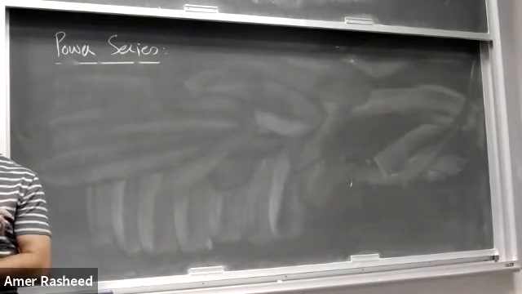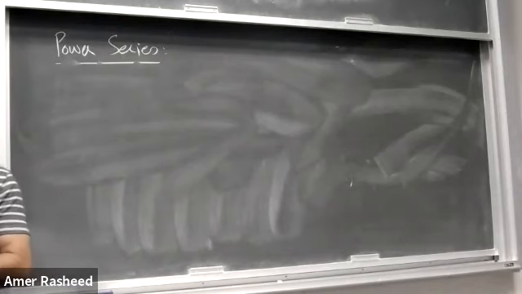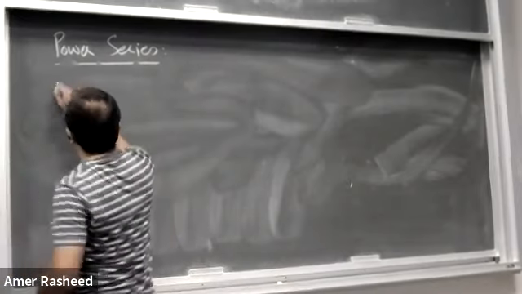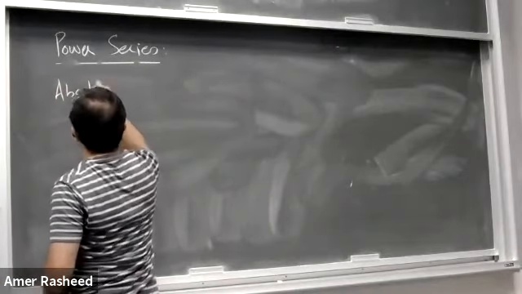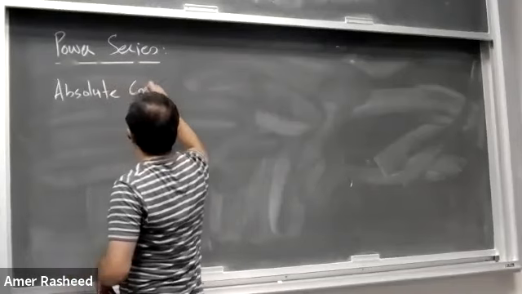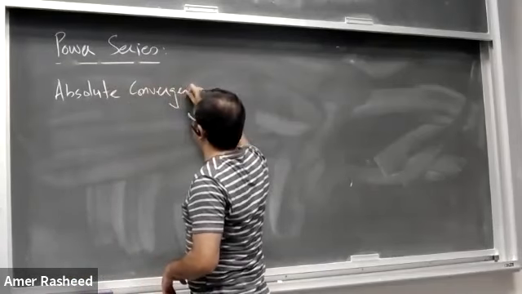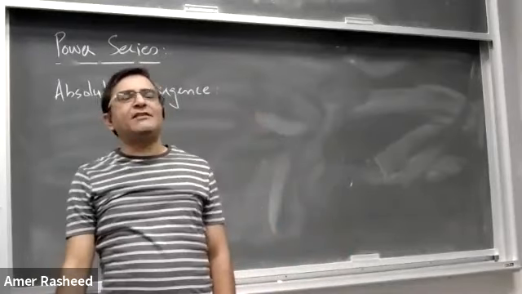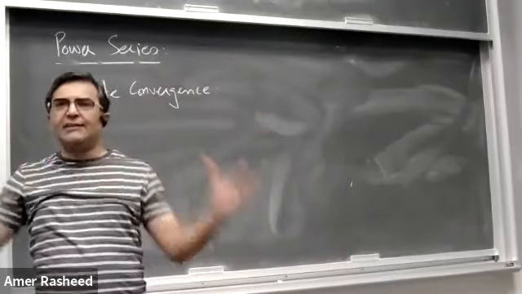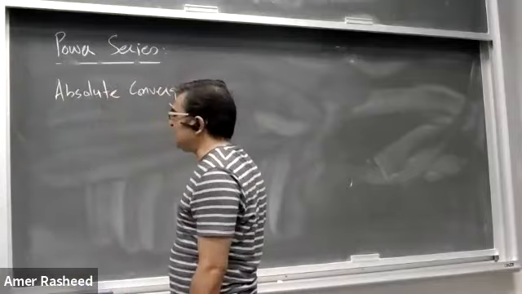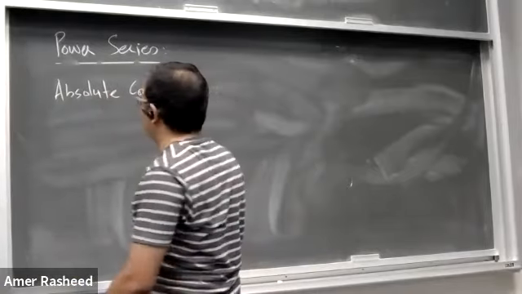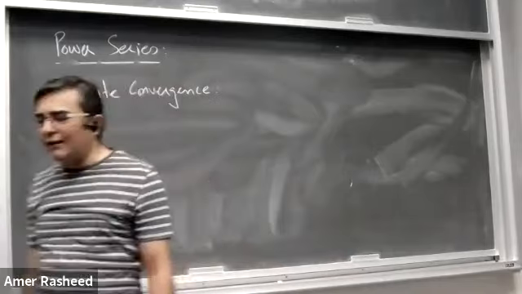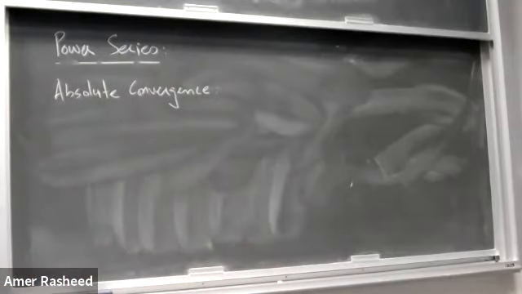Before discussing the example, we need to discuss another definition, which is absolute convergence. If any power series converges within the interval of convergence, then its absolute value also converges.